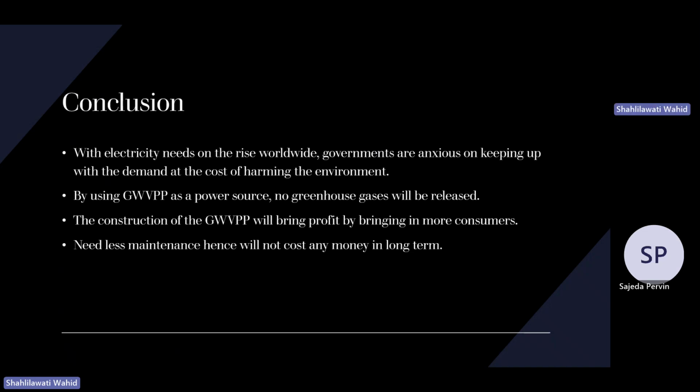By using GWP as a power source, we can keep down the damage done to the environment while also producing more electricity. The construction of this GWP will benefit your company and bring in more consumers and profit. It also requires less maintenance and costs less in the long term.